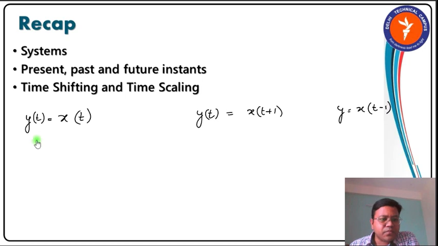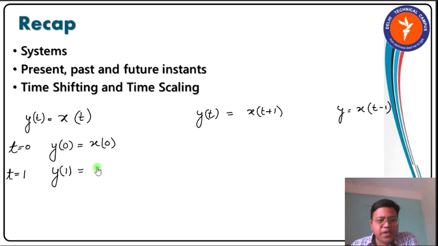In this system, at t equal to 0, the equation will be y(0) equal to x(0), and similarly at t equal to 1, if I consider the reference instant to be t equal to 1, then y(1) will be equal to x(1).